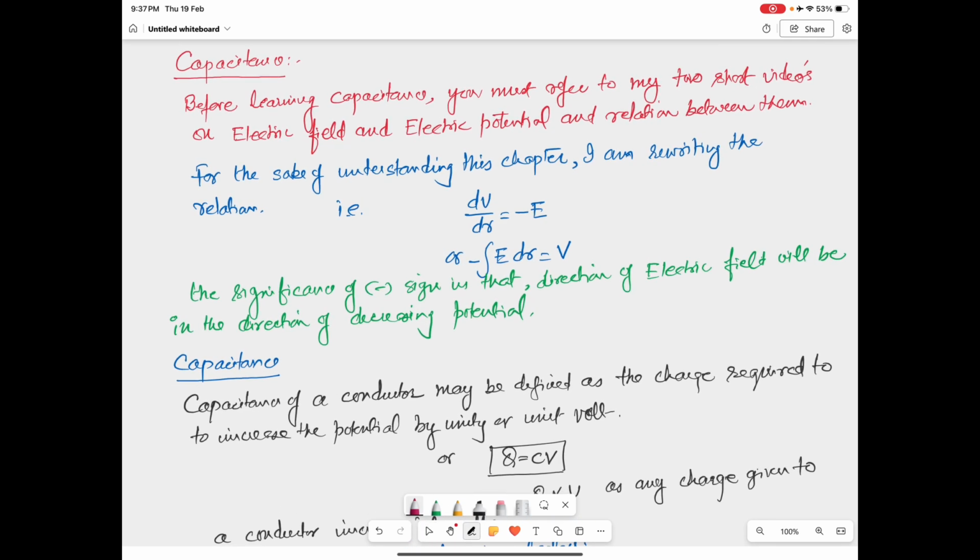So for the understanding of this video, I will just revise. For the sake of understanding, I am just rewriting the relation between the electric field and the electric potential.